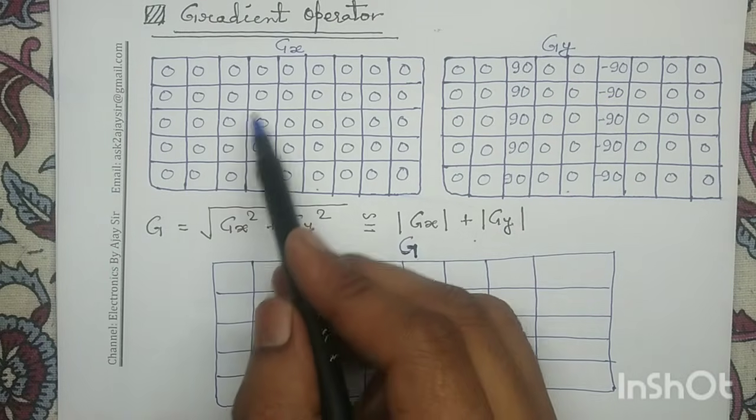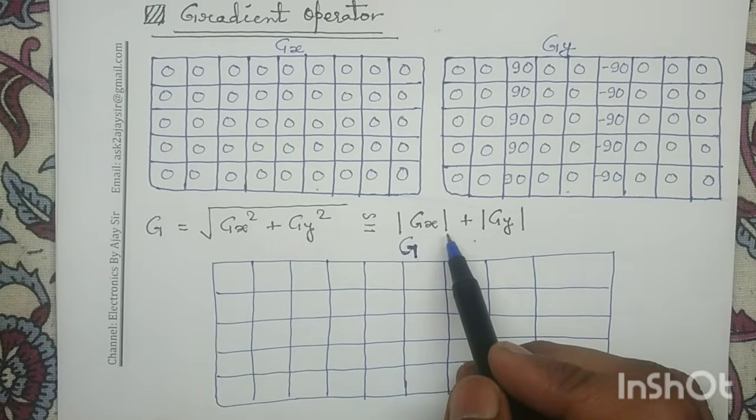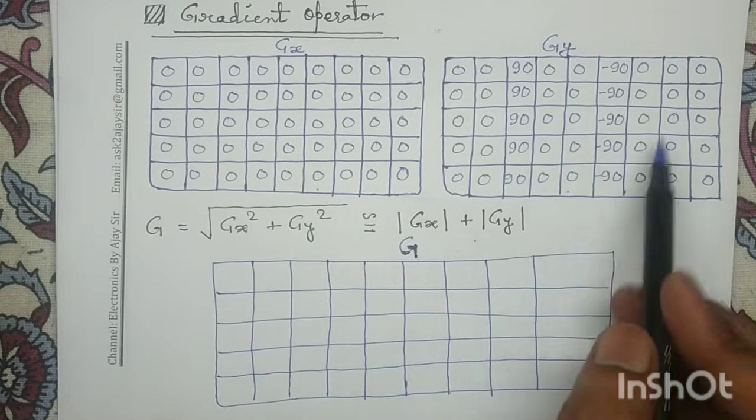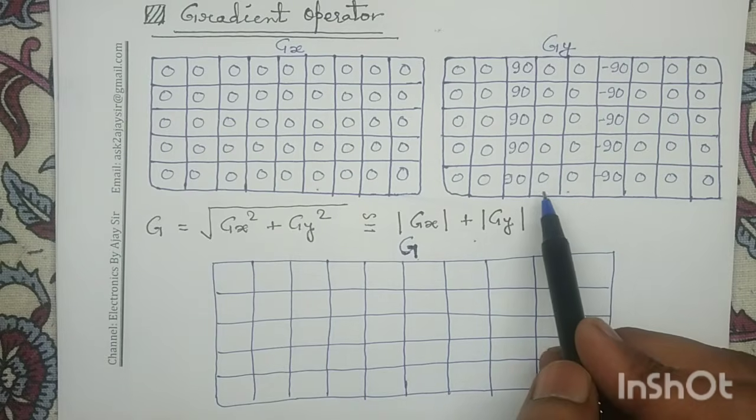Since Gx is a zero matrix, the magnitude of this gradient operator is the modulus of this Gy matrix.